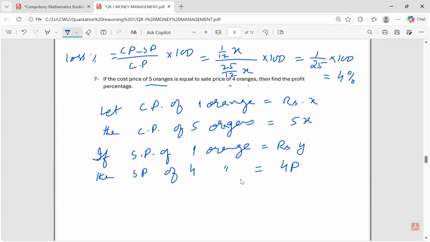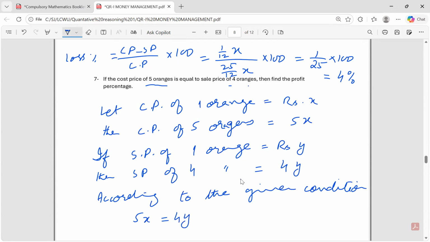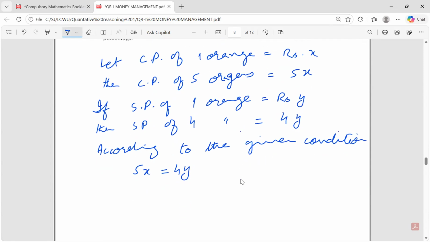So according to the given condition, we have 5x is equal to 4y. You have to find the profit percentage.